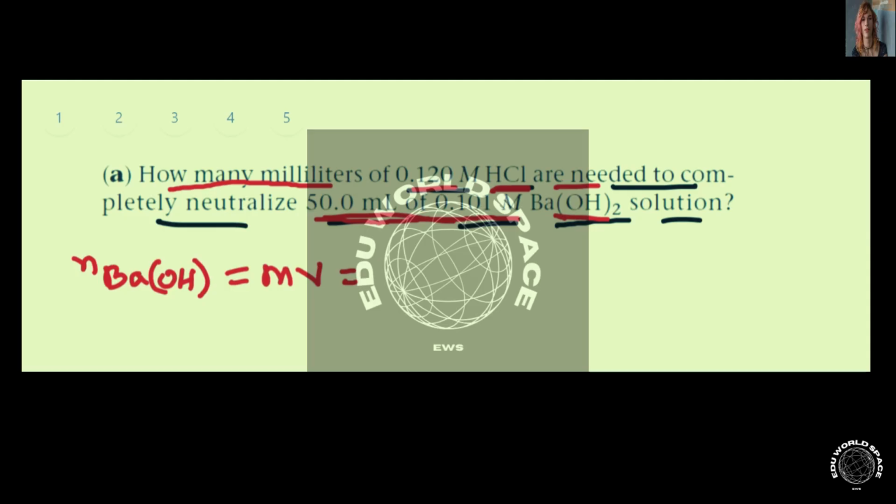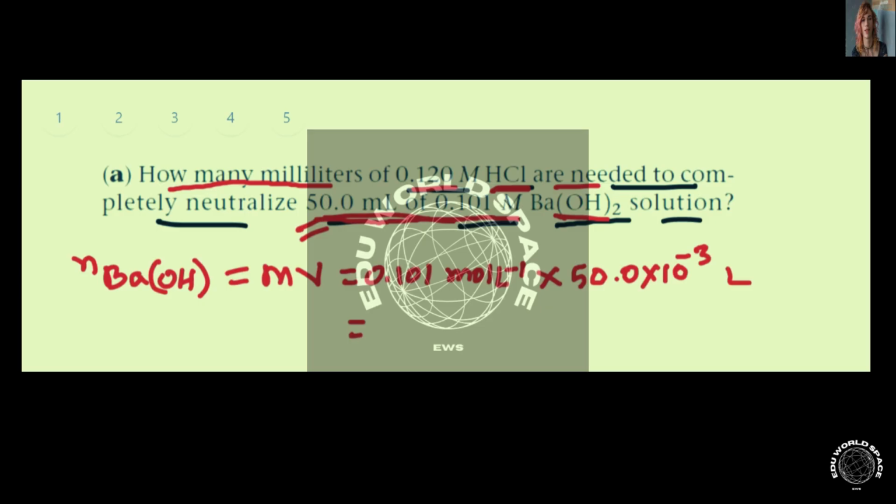So the molarity here is 0.11 molar or mole per liter times the volume in liter. We have 50 milliliter. So we'll write 50 times 10 to the power minus 3 liter.